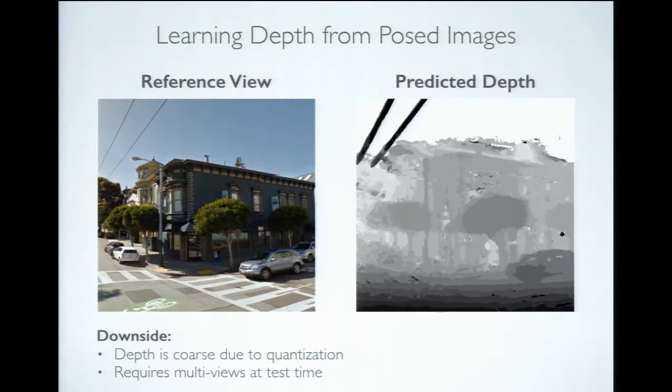While DeepStereo works great for view synthesis, the depth it produces is coarse and quantized due to the plane sweep volume representation. Also, it requires multiple registered views at test time. So potentially, you could just run a multi-view stereo matching algorithm to get a depth map.